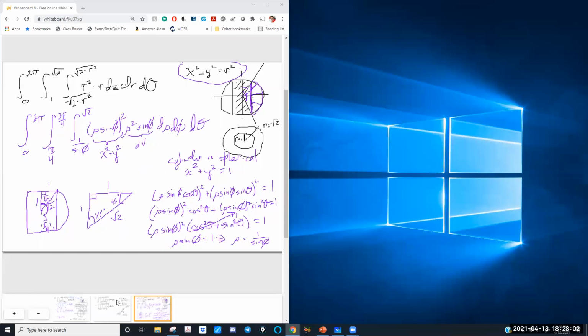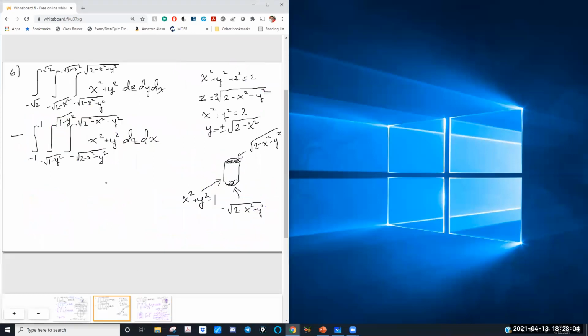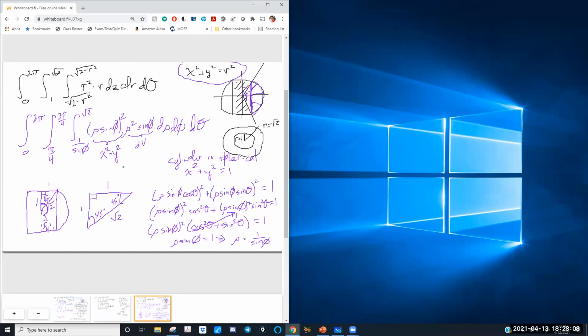This was a harder problem. You saw how messy it got in rectangular, and even in spherical, it got messy. Even in cylindrical, it wasn't pretty. It just worked out nice. This is a tougher problem. This is like a take-home problem level problem, because this is something I would want you to use technology on. I don't want you doing a bunch of these by hand.